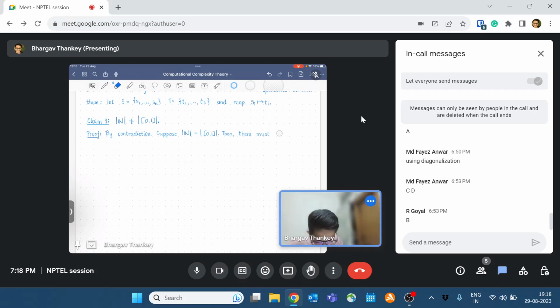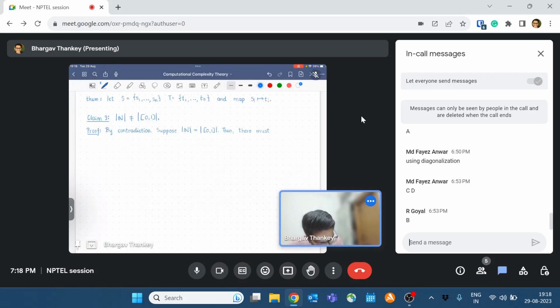From N to 0, 1, right? Why? Because this is just a definition of cardinality.